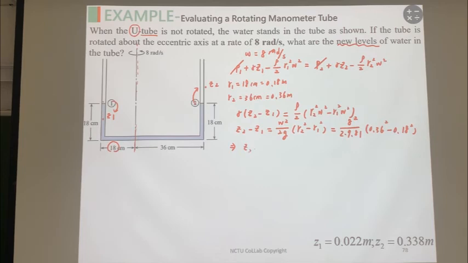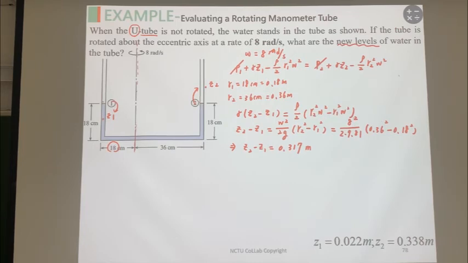You can use your calculator to compute the answer: 0.36 squared minus 0.18 squared, multiply by 8 squared, divided by 2 and divided by 9.81. The answer here is 0.317, and the unit is meters.